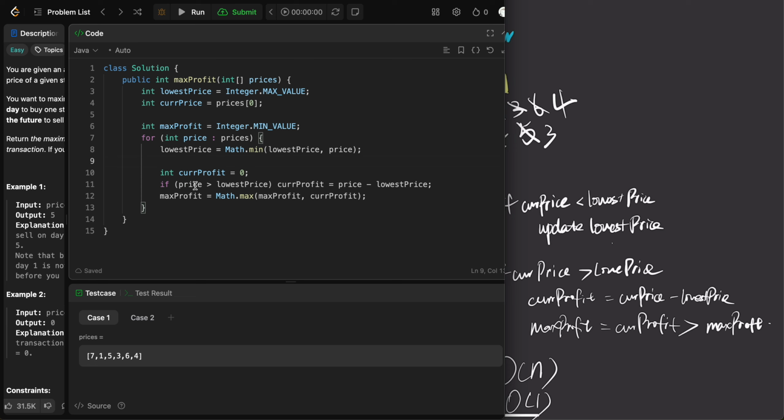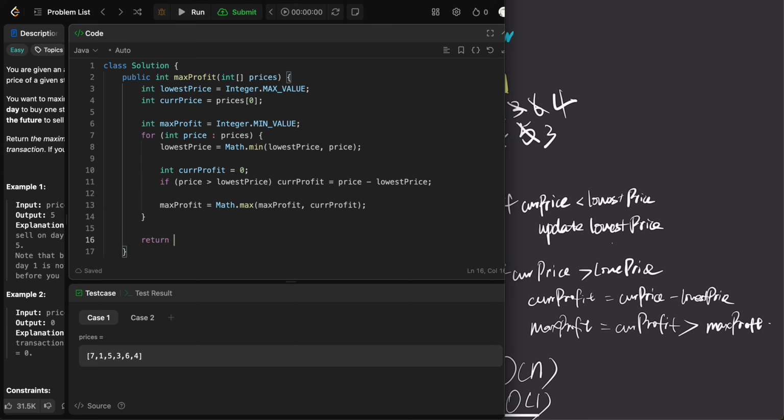But if we can make any profit, we can calculate the current profit. And finally, we can just return the maximum profit. If we never have a profit greater than the current one, we definitely have the maximum profit as 0. We don't have to worry about that.